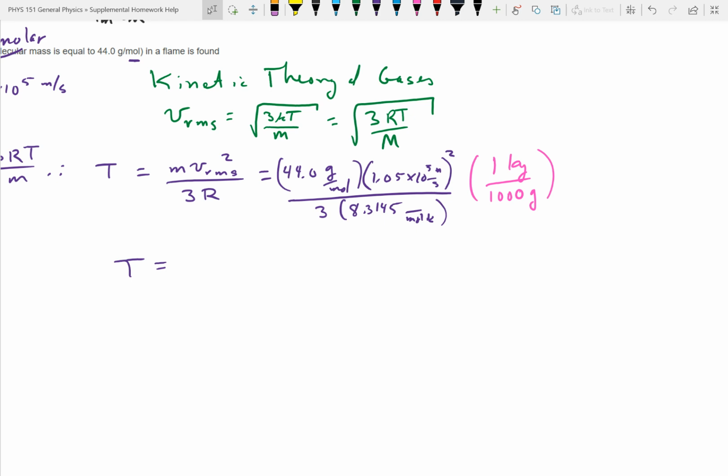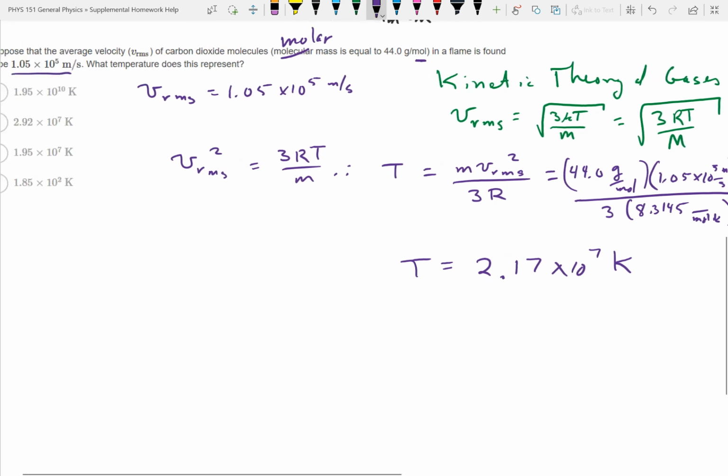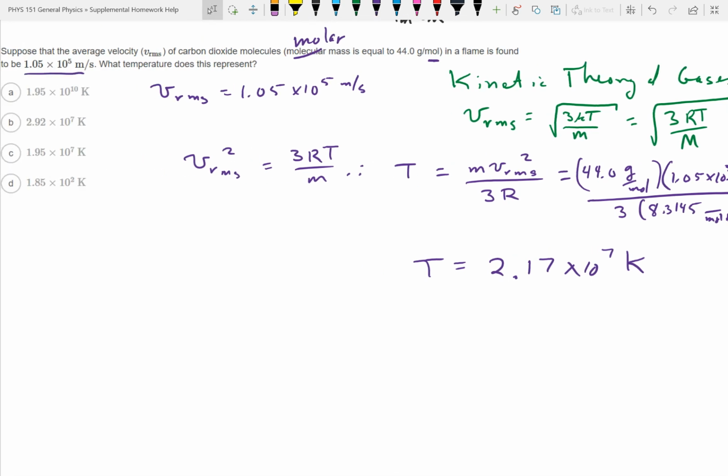Wow, it really does look like it's that big. 2.17 times 10 to the 7th. That is an extremely hot flame. That's very unrealistic.